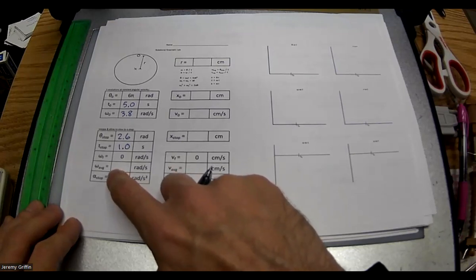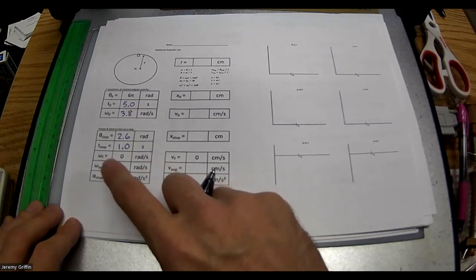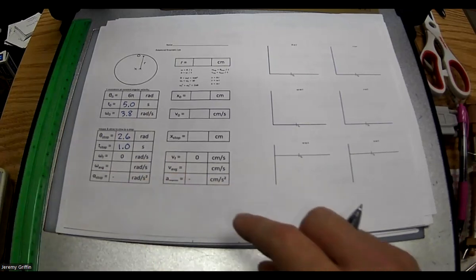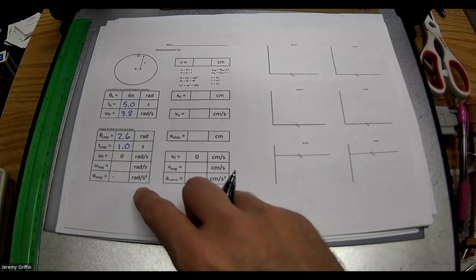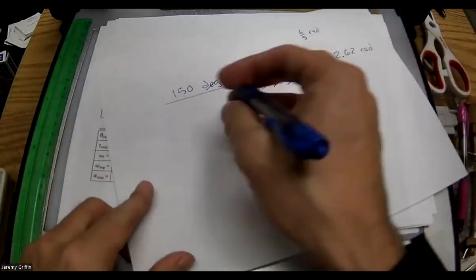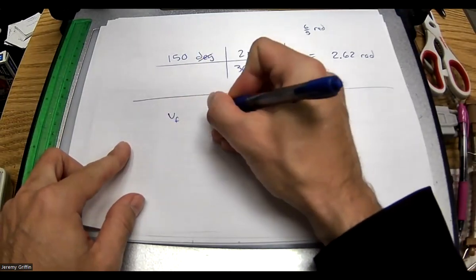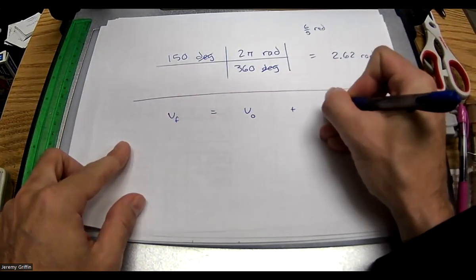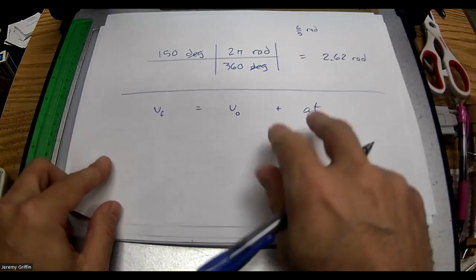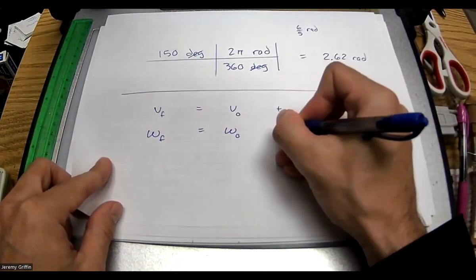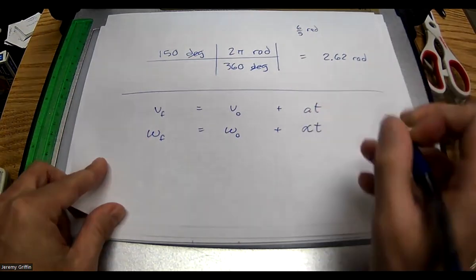Now, I don't know why I did omega average. We'll come back to that one. But let's definitely figure out what alpha is. Isn't that the rate that it's slowing down, rotating? Can we use a kinematic formula, do you think? Do you guys remember v final equals v initial plus a t? Can I say that omega final equals omega initial plus alpha t?